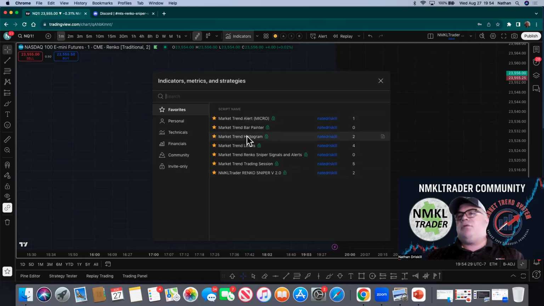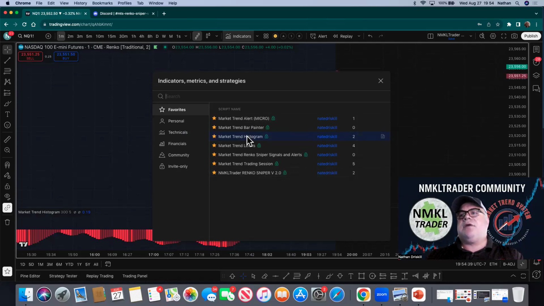The main component of the market trend system is the macro trend, or the market trend histogram. So let's load that as our first indicator. We're not going to change the settings in it. 3 and 5 are the two settings I want you to keep. I'm also going to add the Market Trend Renko Sniper signals and alert.